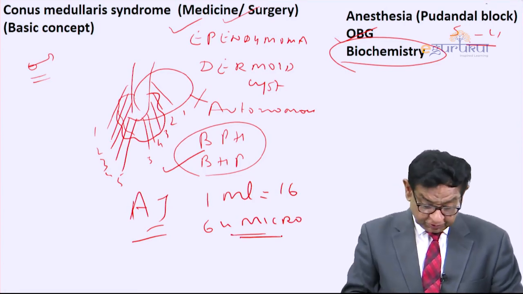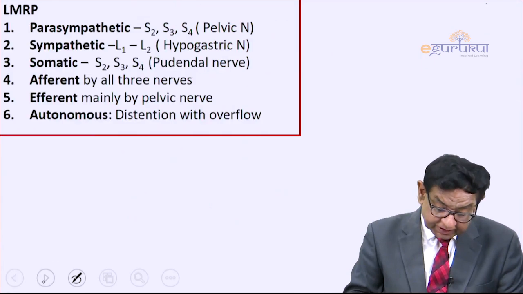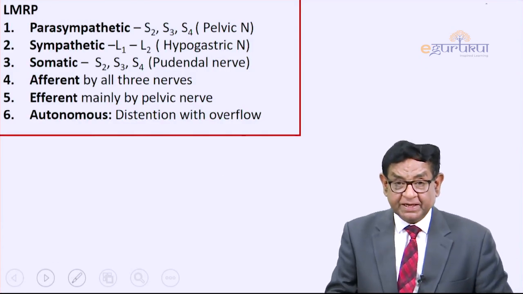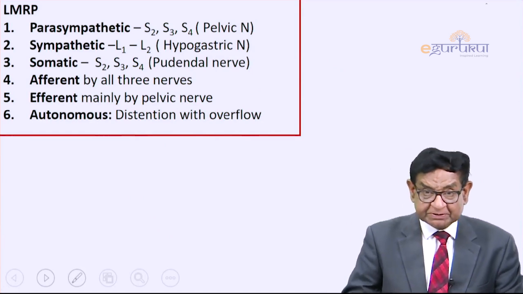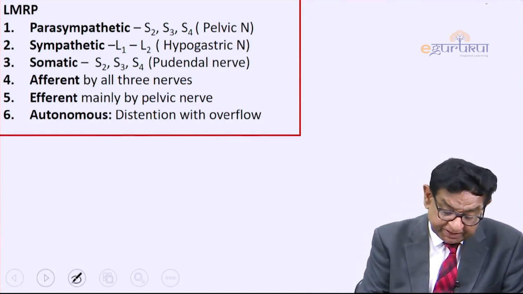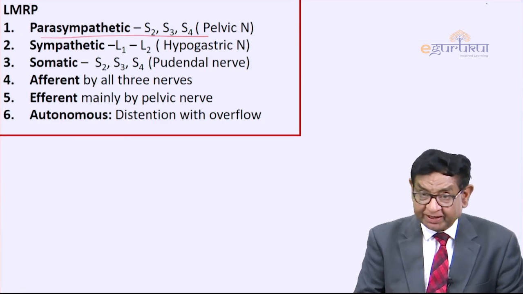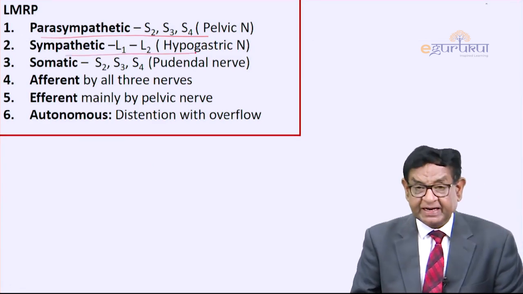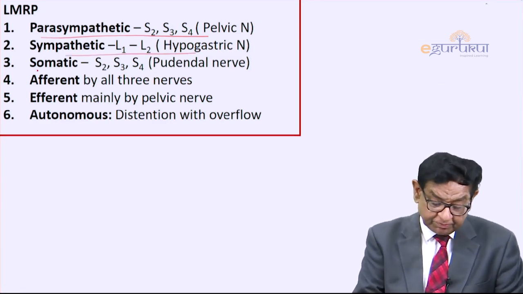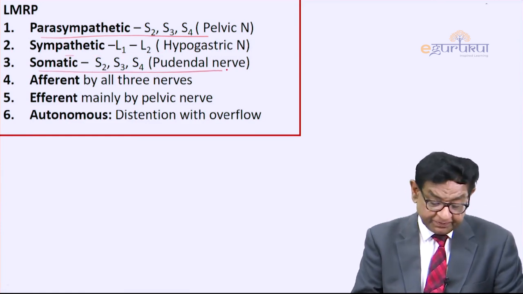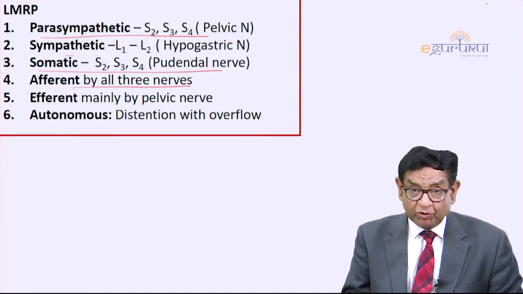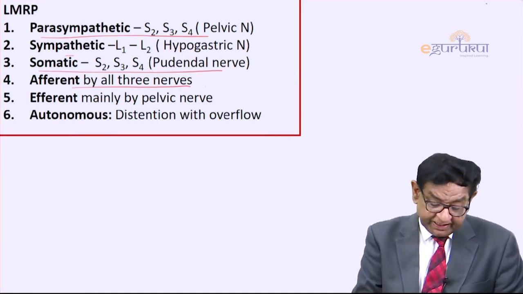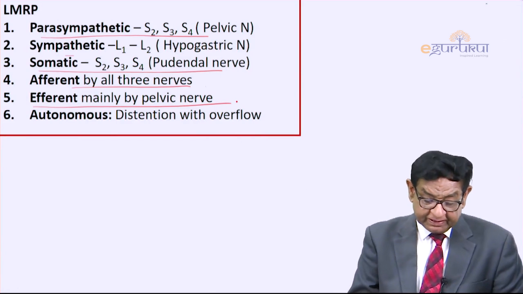Okay, so this is all about A to Z about the bladder. So let me have a last minute revision point, a quick recap of what we learned in this particular lecture. Parasympathetic nerve is S234 pelvic nerve, sympathetic L1 L2 hypogastric nerve, somatic S234 pudendal nerve, afferent by all three nerves, but again the main role is played by the pelvic nerve, efferent mainly by the pelvic nerve.